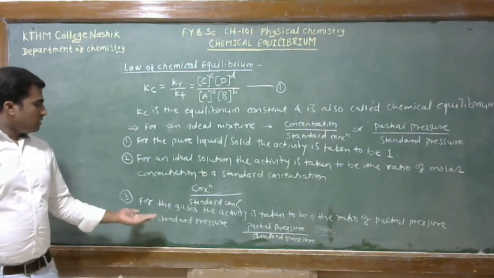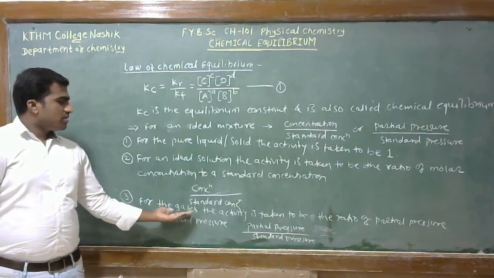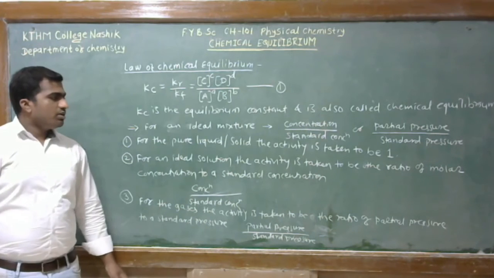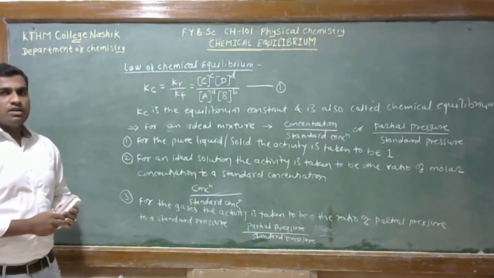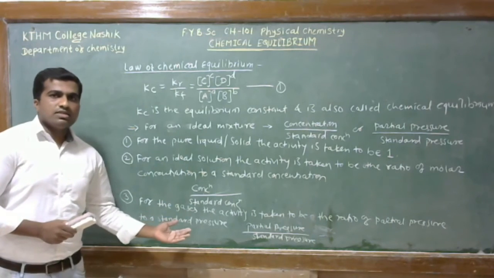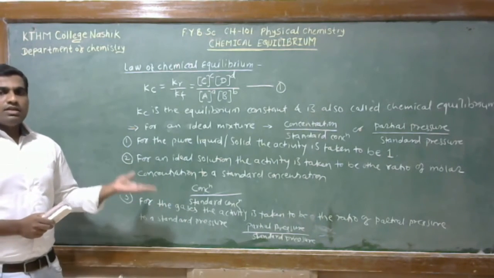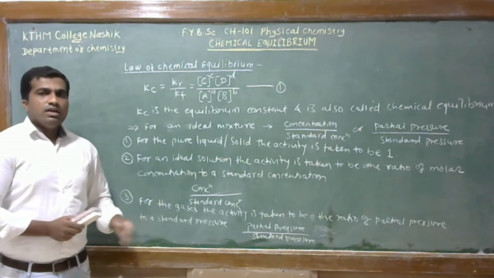And third point is that the activity for gases is taken to be the ratio of partial pressure to a standard pressure. Here also the unit gets cancelled and we will get the activity is unitless.